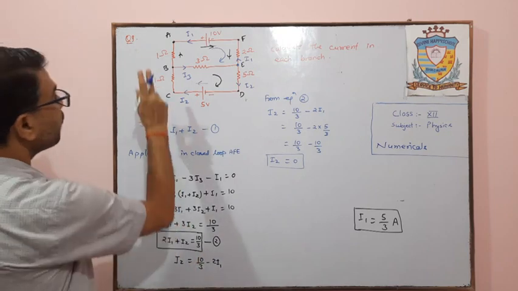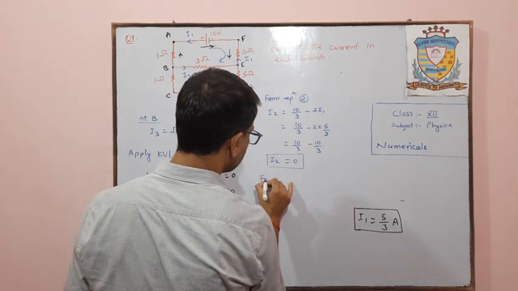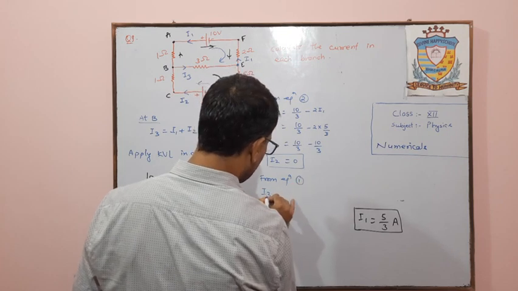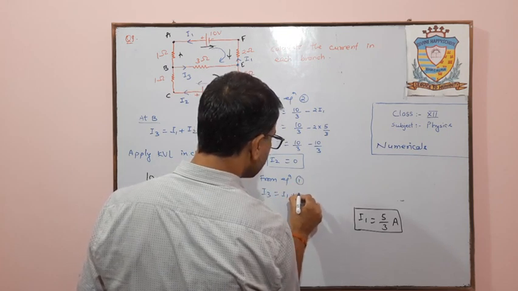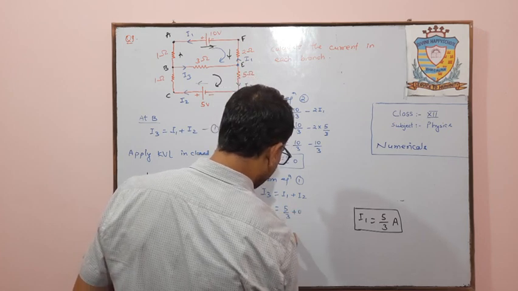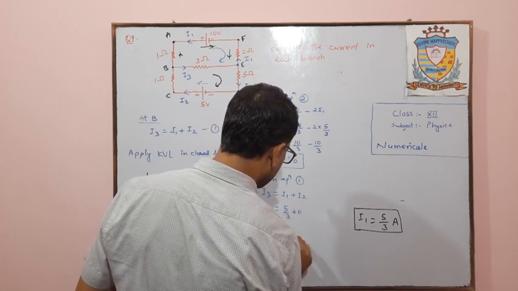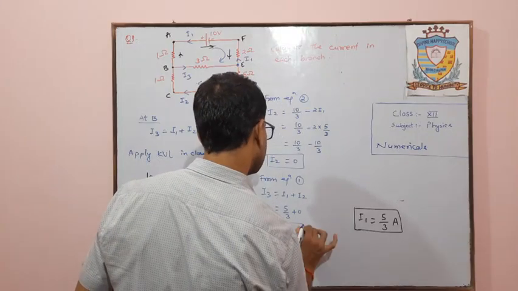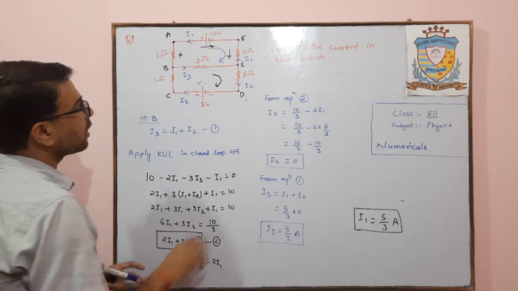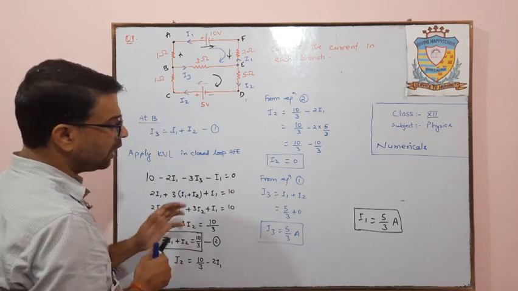Clear? Now from equation 1, I3 can be written as I1 plus I2, or 5 by 3 plus 0, or I3 is equal to 5 by 3 ampere. Clear?